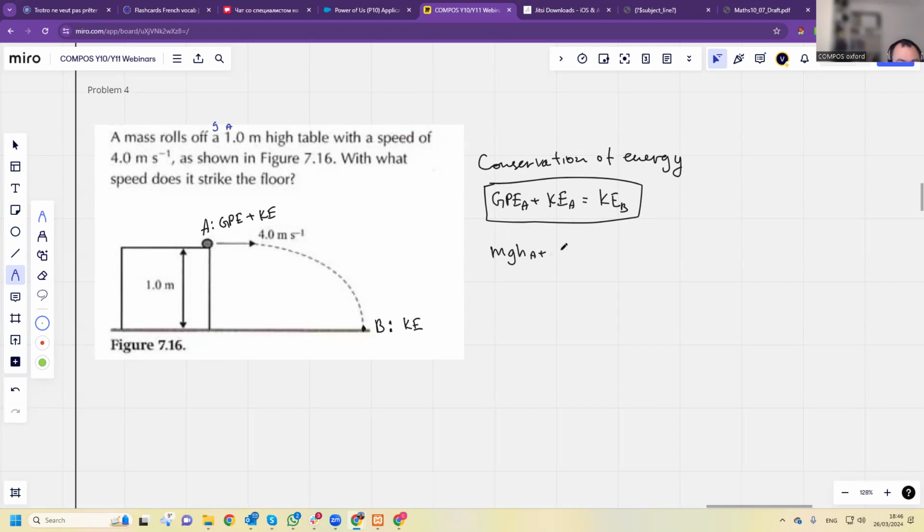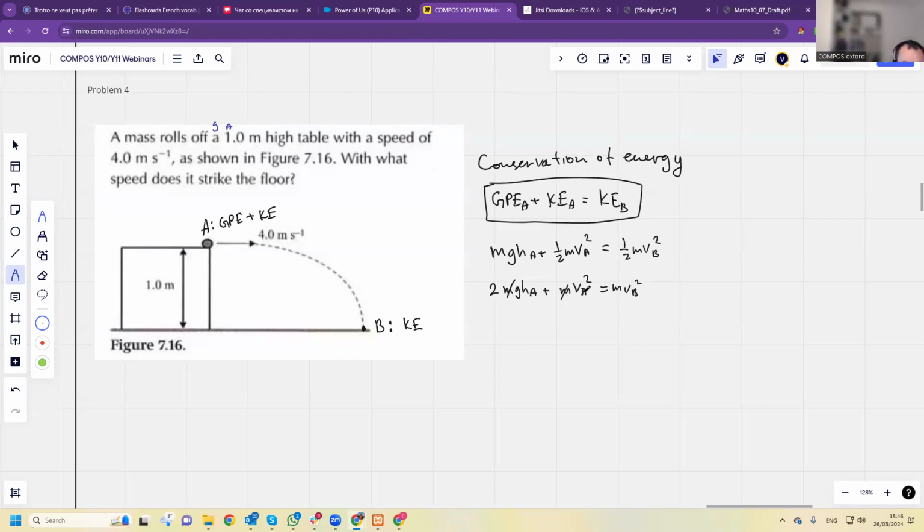Okay, so mgha plus 1/2 mva squared equals 1/2 mvb squared. And all we need is to make vb the subject. 2mgha plus mva squared equals mvb squared.